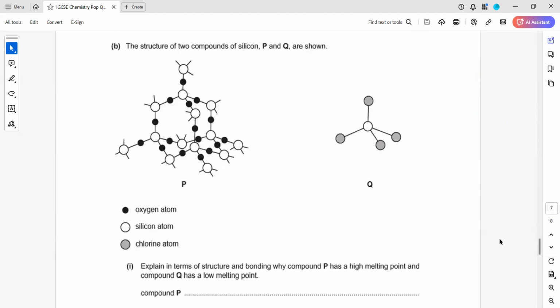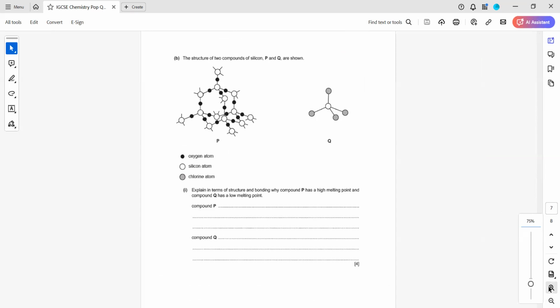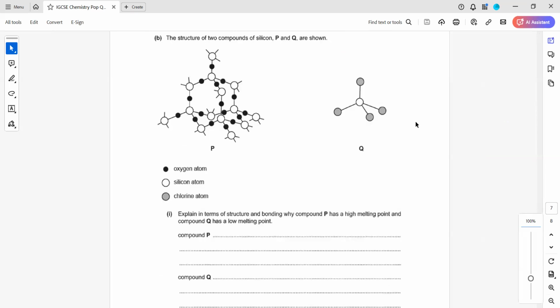The structures of two compounds, silicon compounds P and Q, are shown. Dots represent oxygen, circles represent silicon, and the shaded spheres represent chlorine. Explain in terms of structure and bonding why compound P has a higher melting point than Q. First, what kind of bond will they have, both of them?